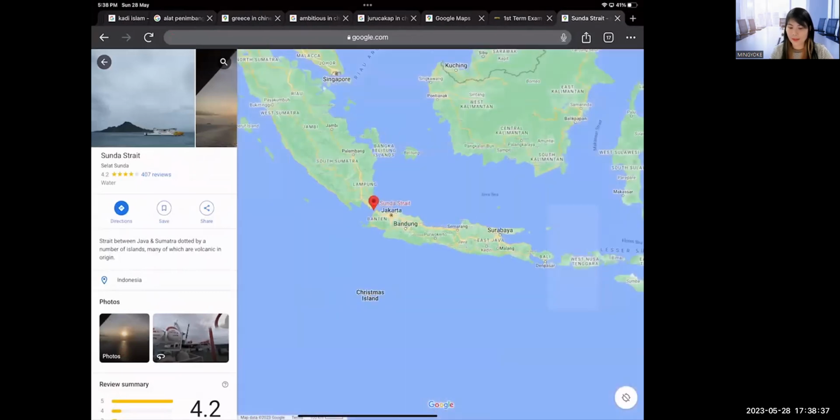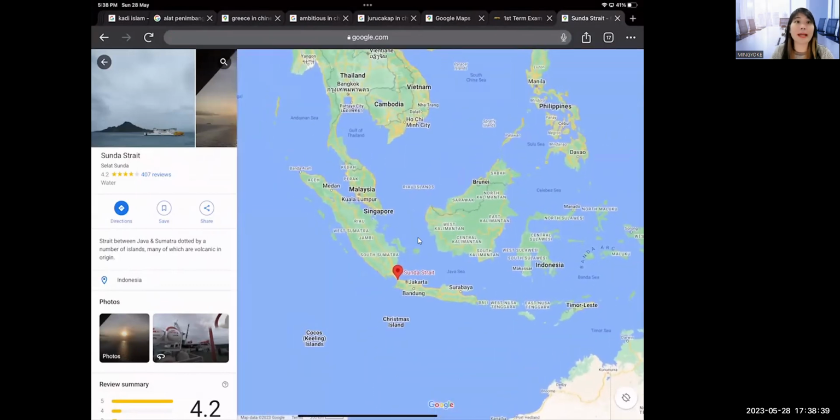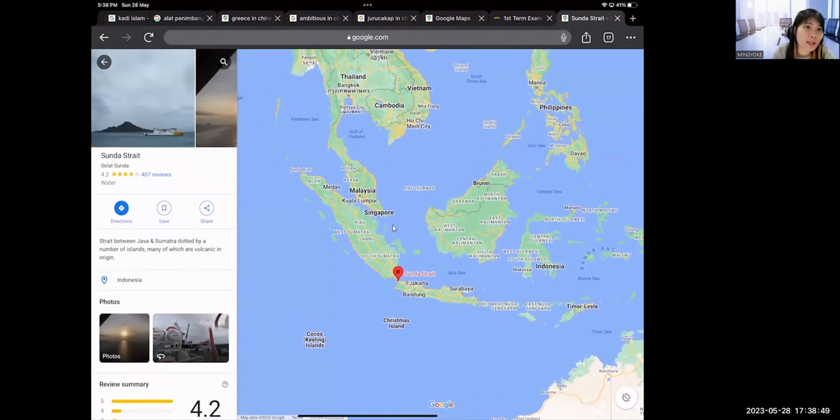Okay. So the moment when they are able to get Singapore, not only can they control Selat Melaka, but also Selat Sunda. Why Selat Sunda? Because people will pass by here and then go up here. They won't go straight up.